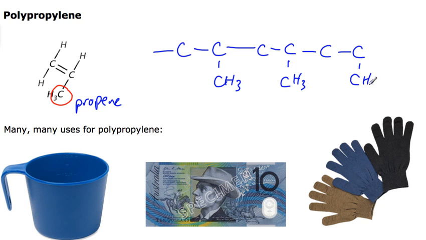And so having carbon 3 of the propene making it look like a branch makes it a little easier to see where the repeating units are going to start. And so that is polypropylene.